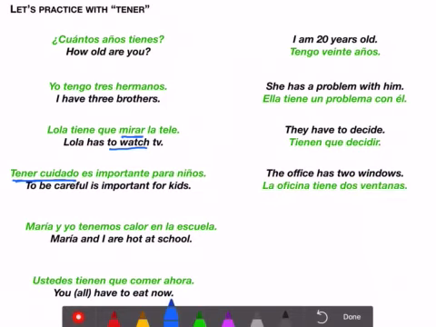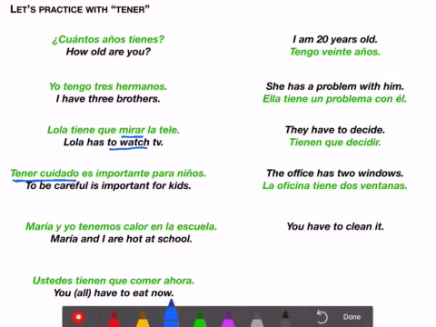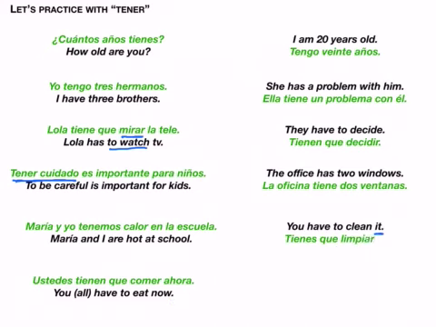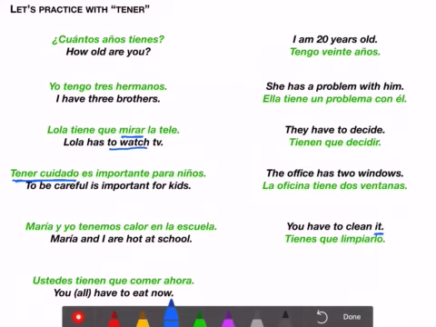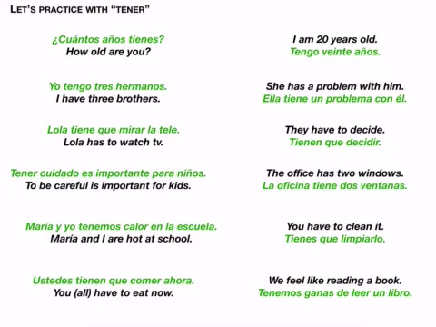La oficina tiene 2 ventanas. You have to clean it. This is a little trickier because there's a direct object pronoun there. Tienes que limpiarlo. Notice that you can attach the direct object pronoun, lo or la in this case, directly to the infinitive. And we feel like reading a book. Tenemos ganas de leer un libro. Hopefully this helped. Go and check out more practice online.